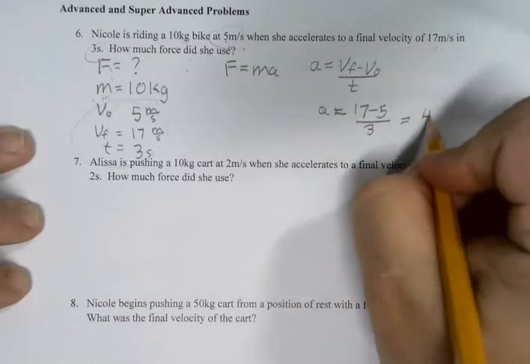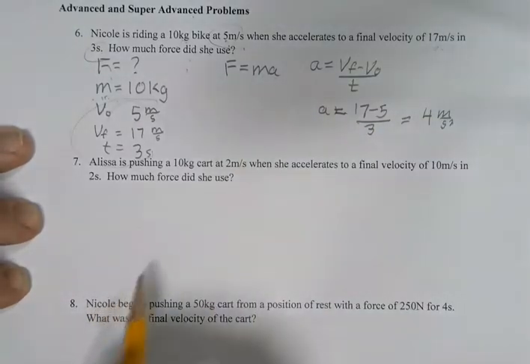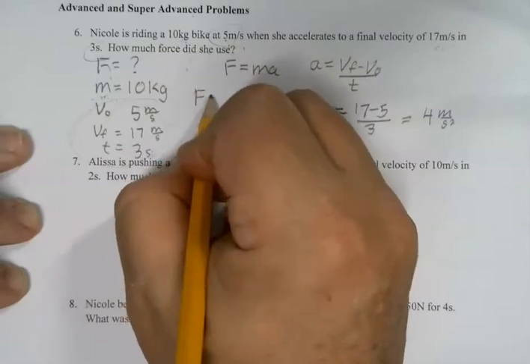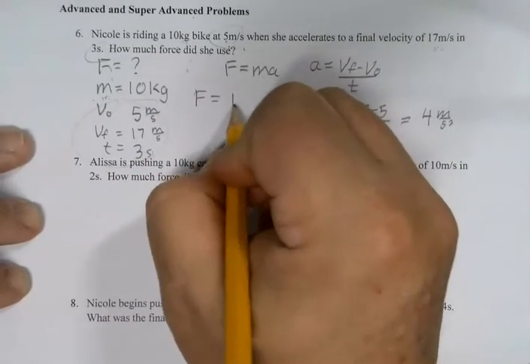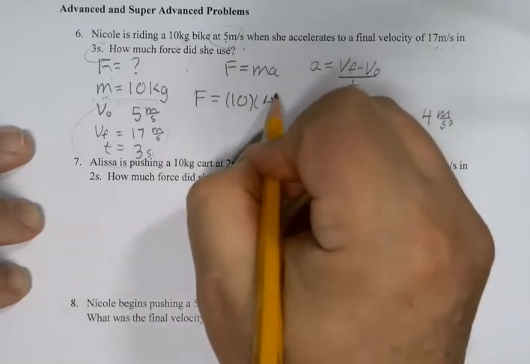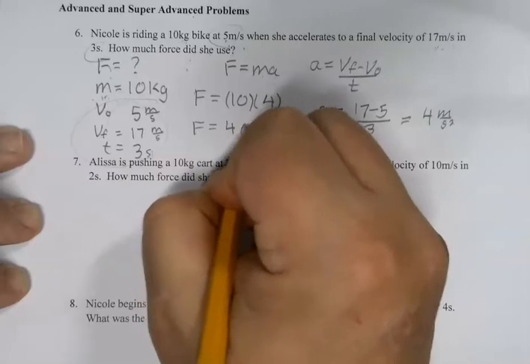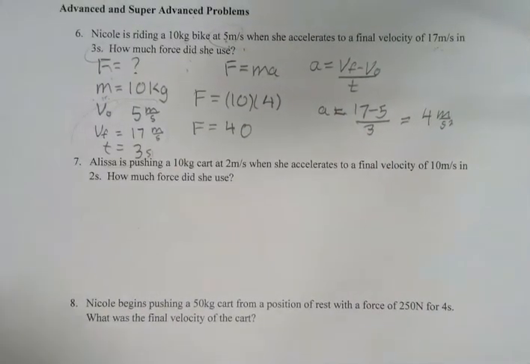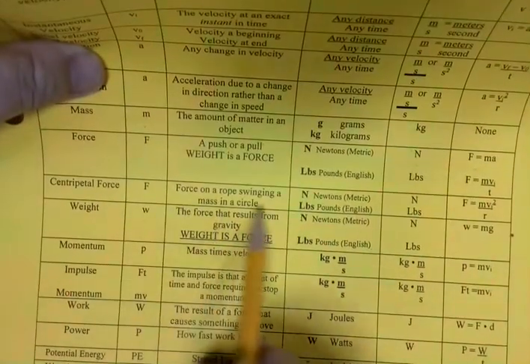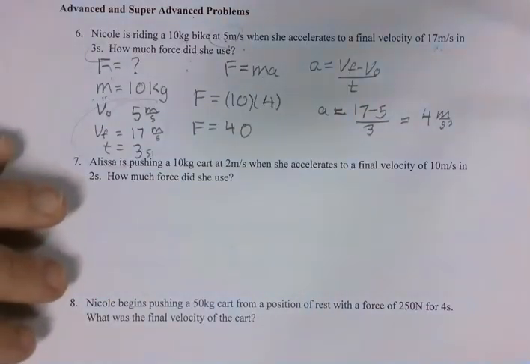And that's going to equal 4 meters per second squared for acceleration. We come back over here, F equals M, which is 10, and A, which is 4. We multiply those, we get 40. And since it's a measure of force, we just come over to our sheet and we see that force is measured in newtons. Okay, so there you go.